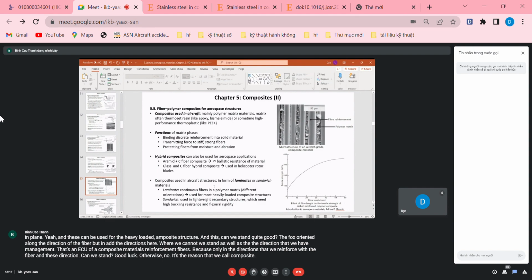This is the reason that we call composites anisotropic, and we try to orientate the fibers in different directions in order to approach quasi-isotropic properties for this type of material. Quasi-isotropic means approaching the isotropic properties.